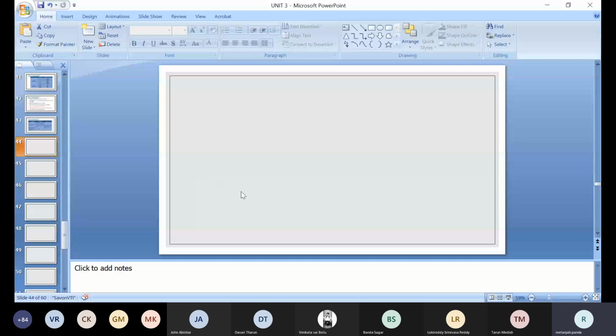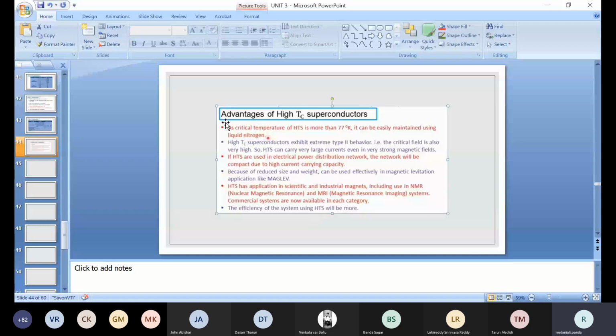Next we will be seeing the advantages and disadvantages of the high TC superconductor. Now you see, these are the advantages. If the critical temperature is higher, then it is a little bit easier to achieve.